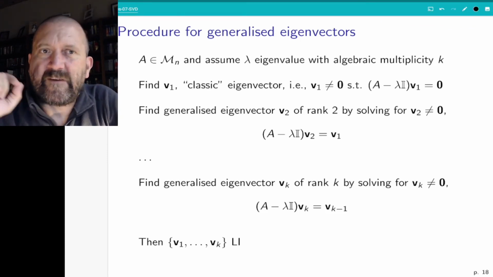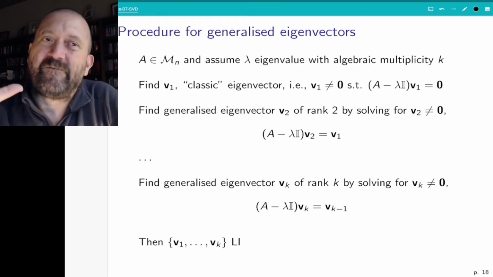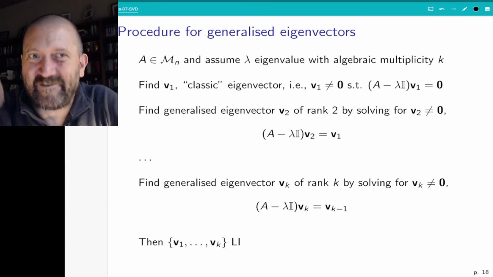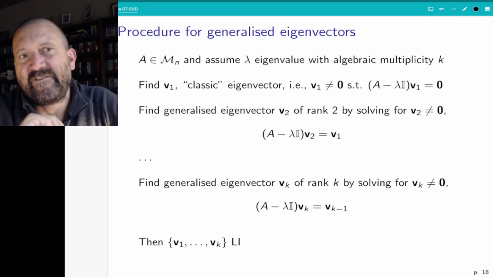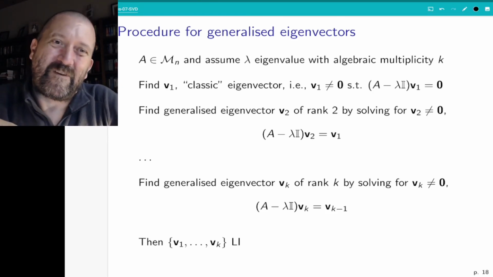And what I get out of doing this is a set of vectors. Okay, so one is an eigenvector, the others are generalized eigenvectors, and this set is linearly independent. So it's a little bit more complicated than this even.